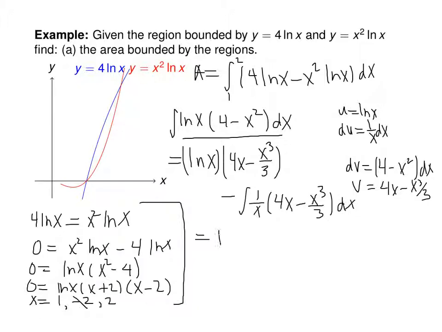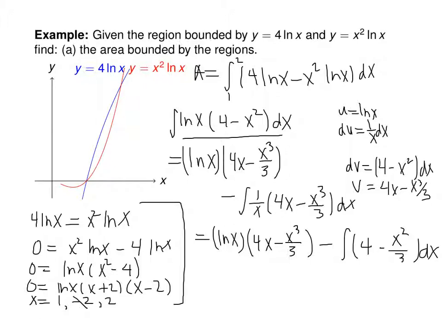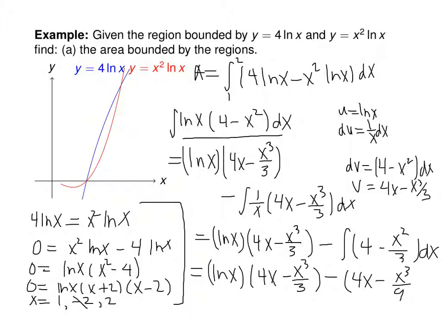So that gives us ln x multiplied by 4x minus x cubed over 3 minus the integral of 4 minus x squared over 3 dx, or ln x times 4x minus x cubed over 3 minus 4x minus, this will now antidifferentiate to x cubed over 9.